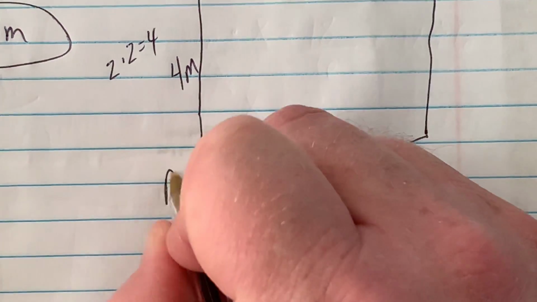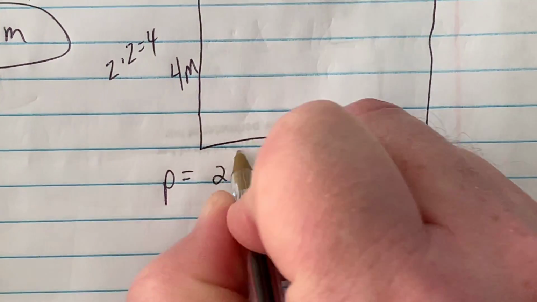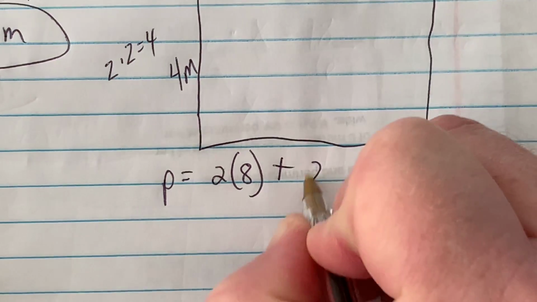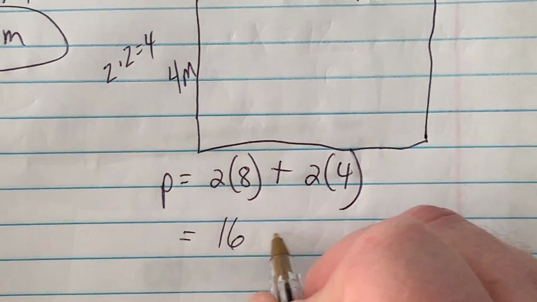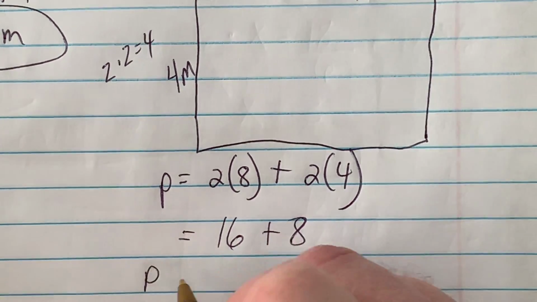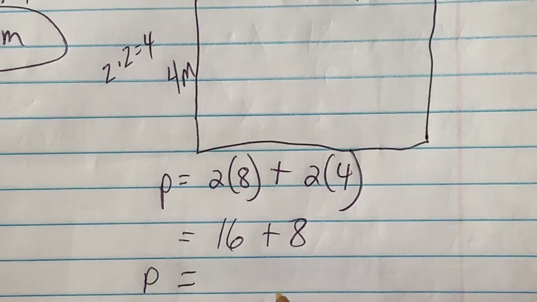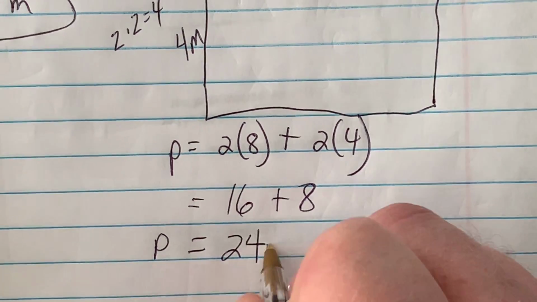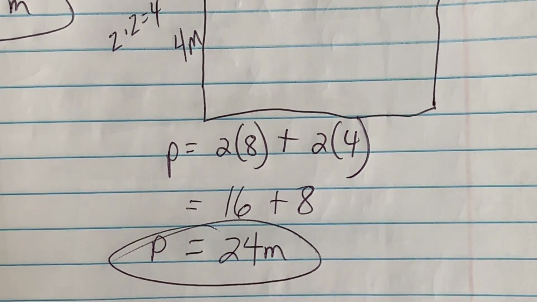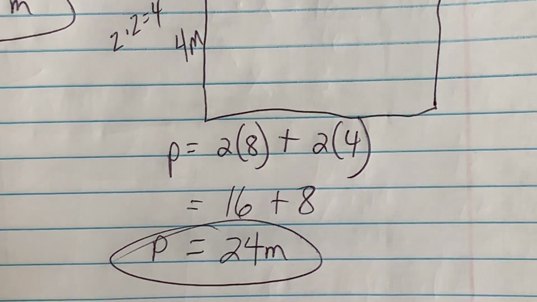perimeter equals 2 times 8 plus 2 times 4. Okay, so that equals 16 plus 8. So the perimeter of Nancy's garden is 24 meters. All right?